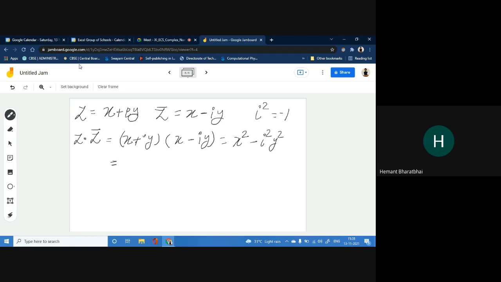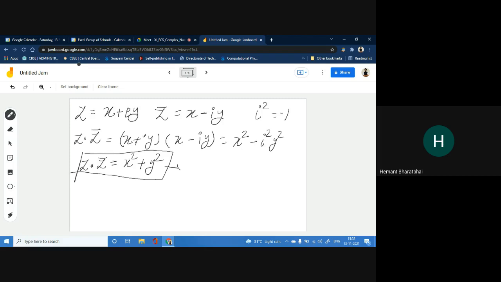So what will happen if I multiply a complex number with its conjugate? Z is x plus iy, and my z bar, that is the conjugate, is x minus iy.